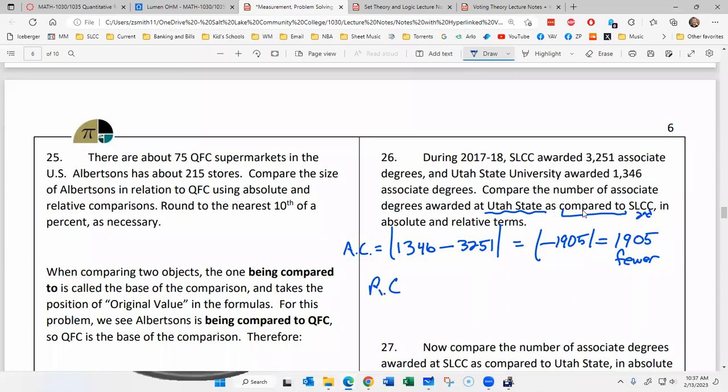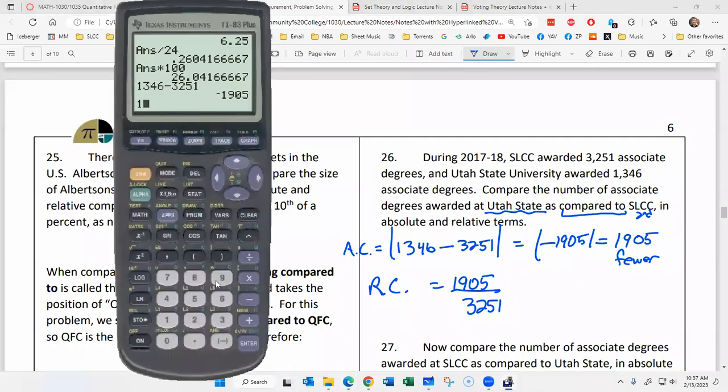The relative change. You divide by the comparison value, the base value, SLCC, and multiply that by 100. Oh, I already have that in there. Oh, I don't have that in there. 58.59, so 58.6.